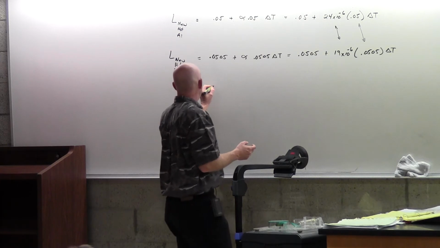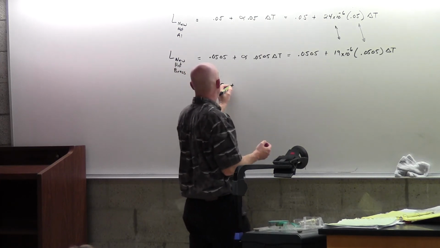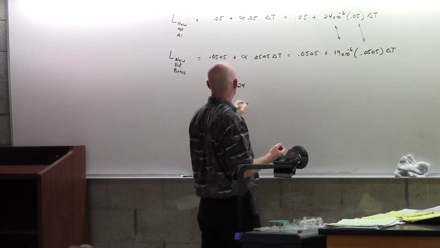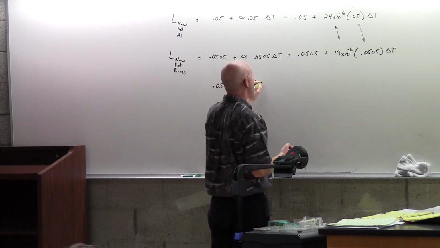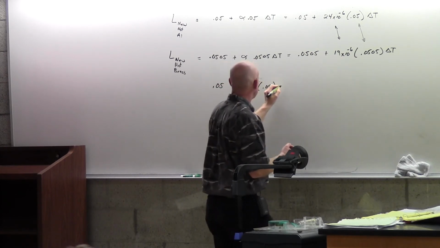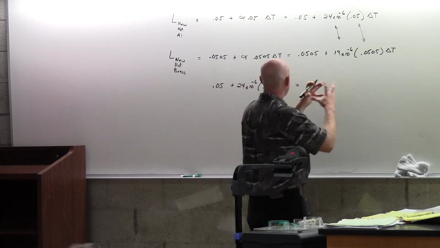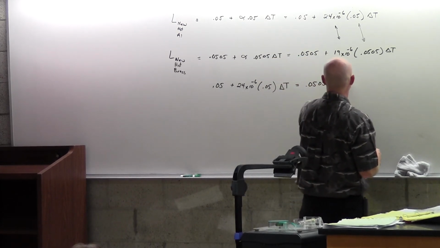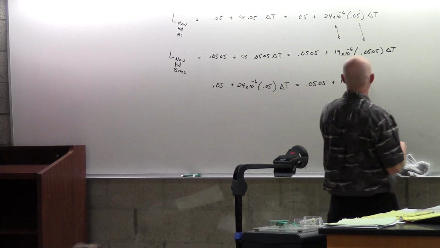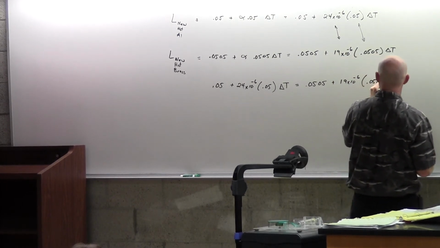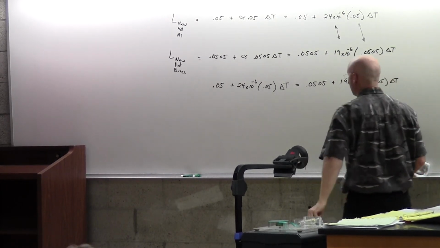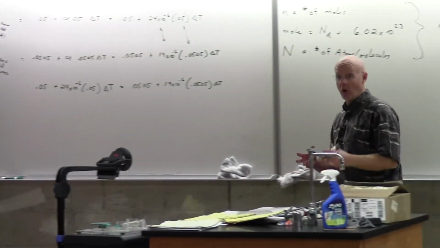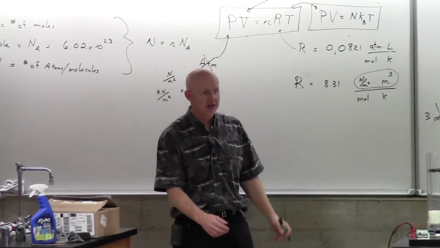But the neat thing about this is that we can hopefully then mathematically set them equal to each other, because that's the problem at hand. How warm do I have to go before they're the same size?